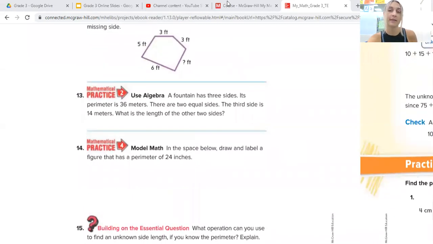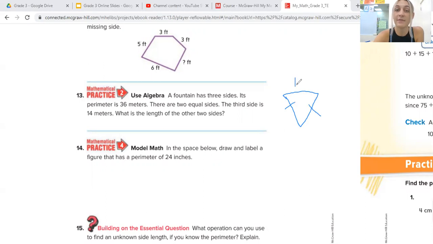Number 13, a fountain has 3 sides. Its perimeter is 36 meters. There are 2 equal sides. The third side is 14 meters. This one, let's draw it. I'll get you started here. The fountain has 3 sides. So it's going to be something like this, like up here, a triangle. So we know that this side and this side are equal.